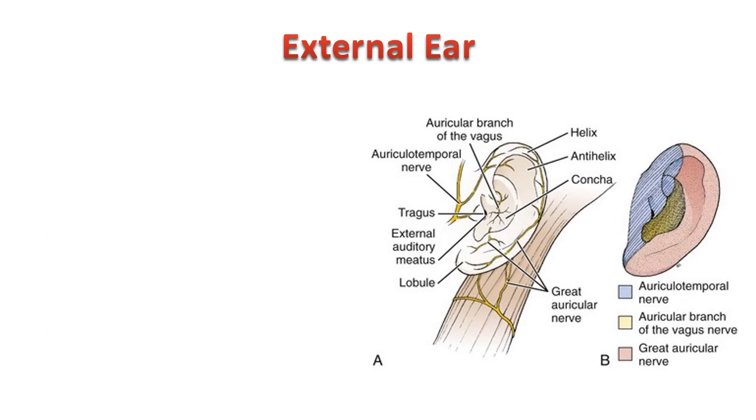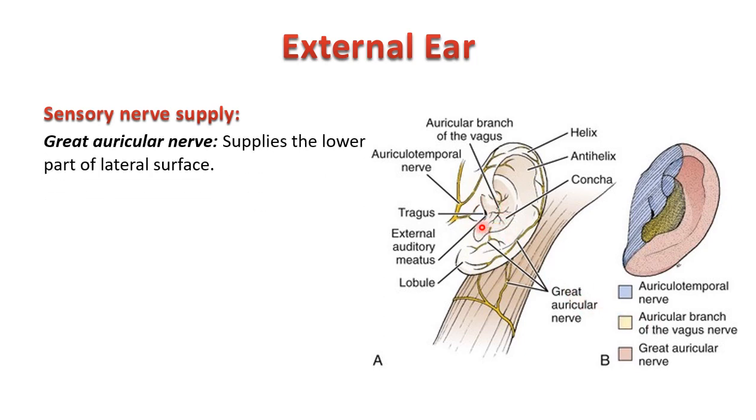Next, the innervation of the external ear or pinna is mainly by the auriculotemporal nerve, which supplies the lateral surface. It is also supplied by the auricular branch of the vagus nerve, especially the concha part.